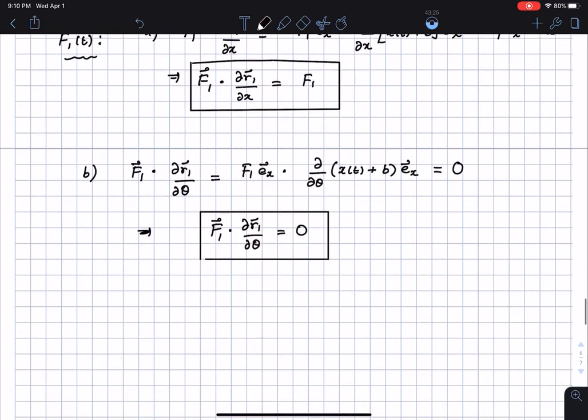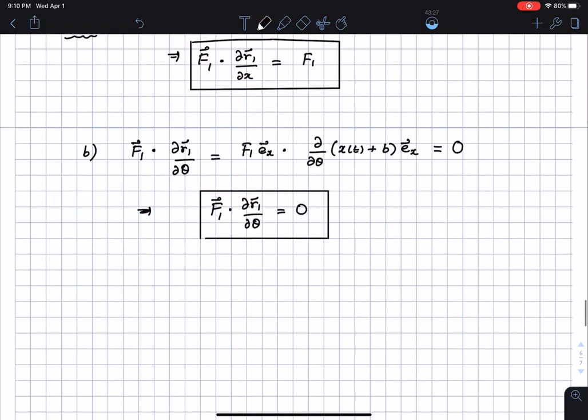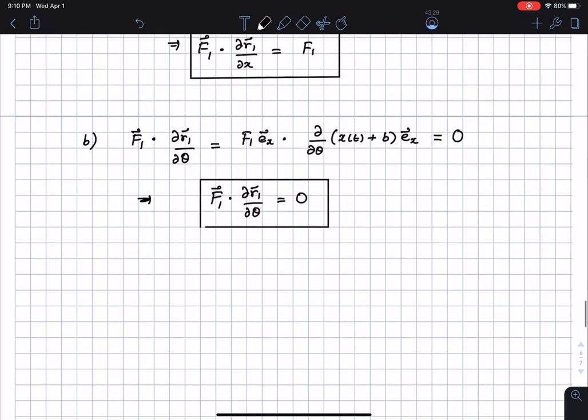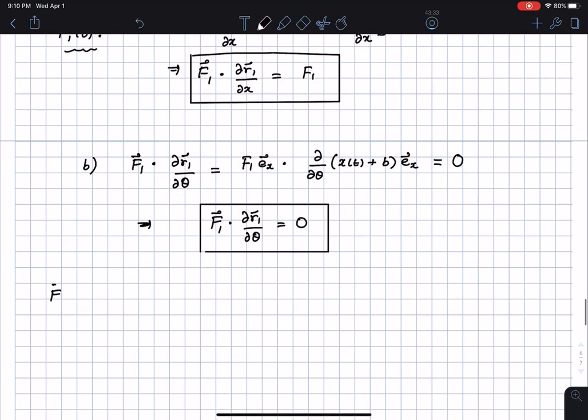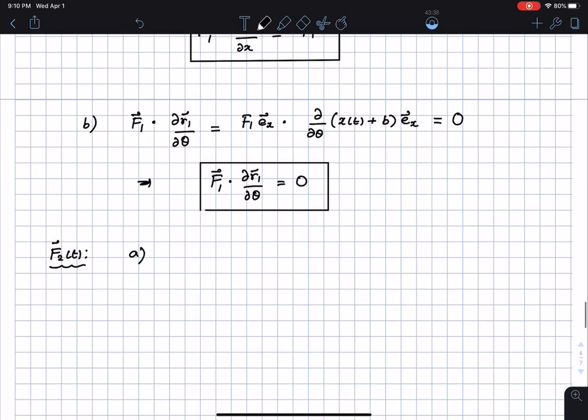Then I go to the force F2 and I keep doing this for the rest of the forces as well. So if I do this for the force F2, F2 of t, I look at F2 of t dotted with dr1 by dx.